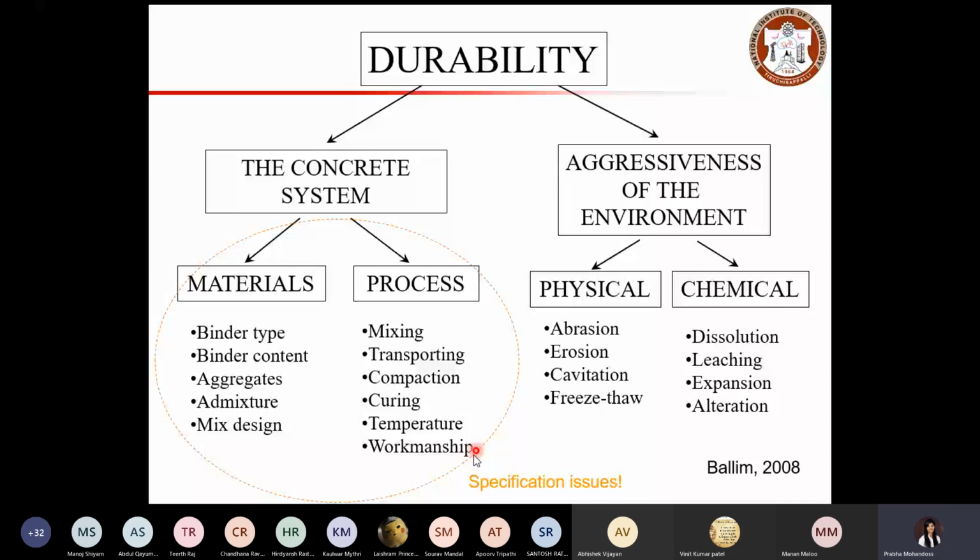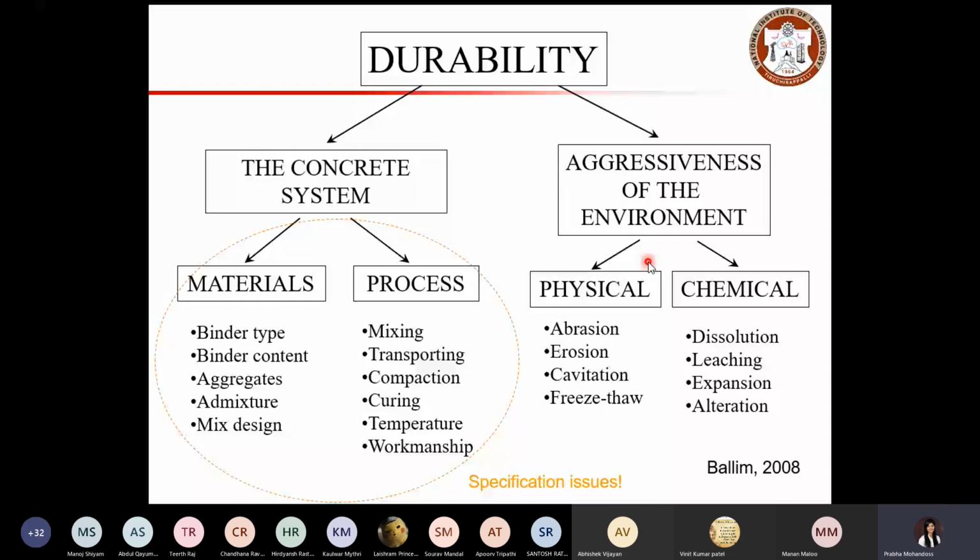And now let's look at aggressiveness of the environment, and there it depends. One is physical conditions and the other is chemical conditions. In physical conditions, if you have a hardened surface and vehicles pass by, or any huge load is passing by, that may induce abrasion, erosion and cavitation.